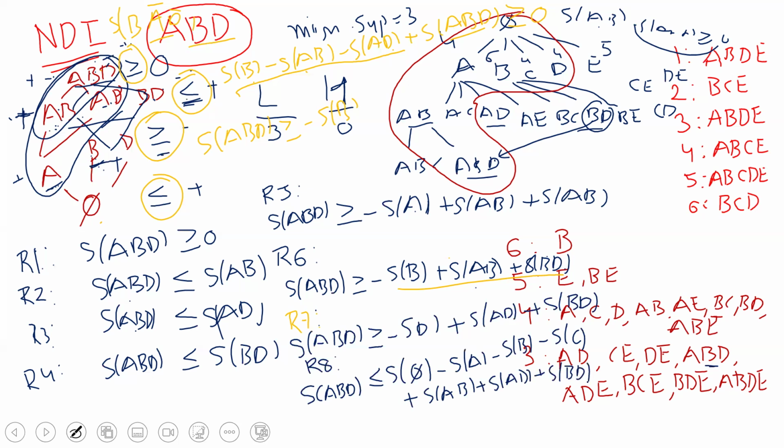And then comes minus ABD, right? But ABD is already given, we are only going up to this level. So that would be the eighth rule. That's how you construct the rules.